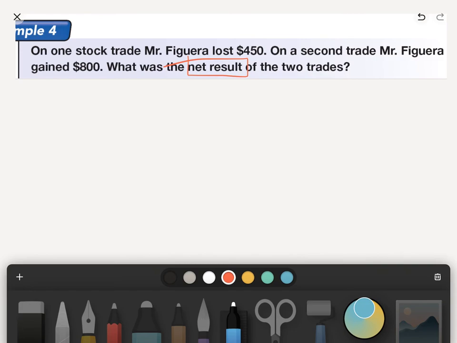One way we can think of it is, say with taxes, if I make $60,000 a year, but I pay $20,000 in taxes, what is my net income? 40,000. So that's what we mean by net result. What do we end up with?